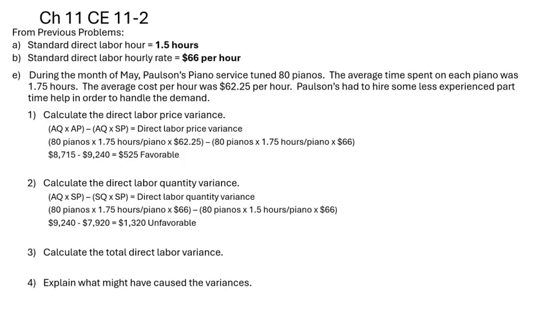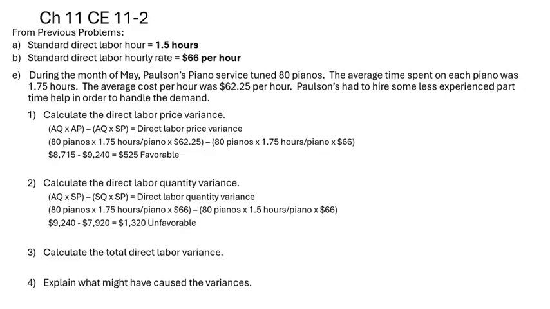And we end up with a $1,320 unfavorable variance. So we took a quarter of an hour more for each piano we tuned than what our standard was. And the driver for that is probably that we had to hire someone part-time that was less experienced.